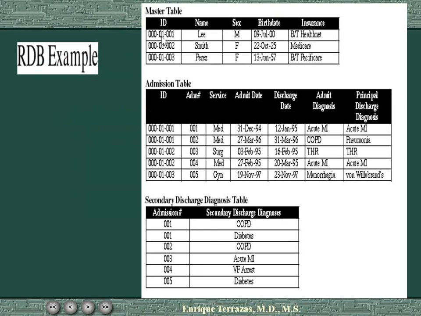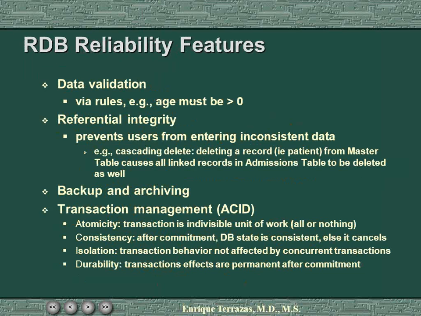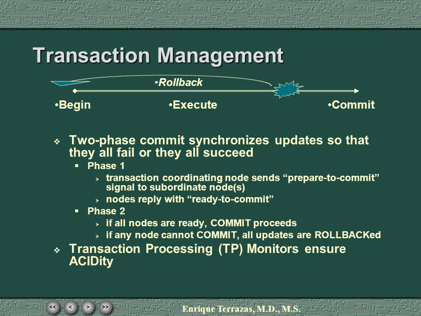Basically what you have is an ID that is replicated among tables, so that you can go from the admission table or the secondary discharge diagnosis table, tie it to a particular admission tied to a specific patient from the patient ID. So from these relationships, you can model the data as much as you want. And it uses SQL as the database language.